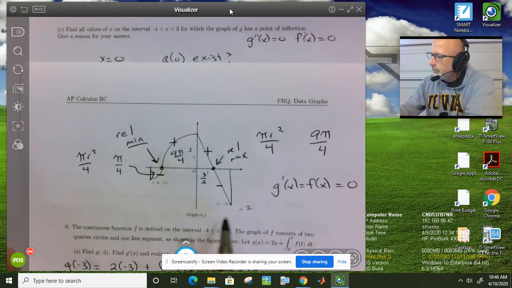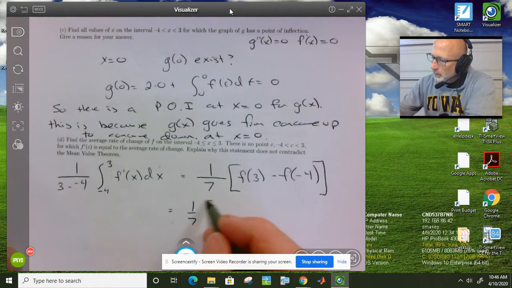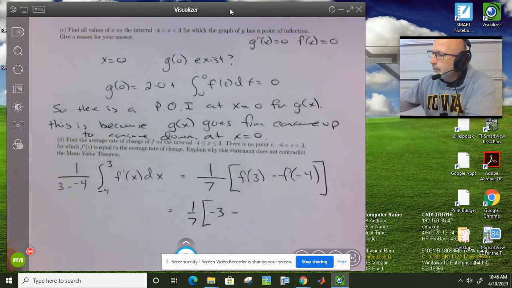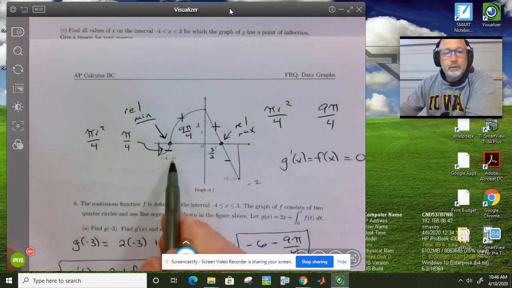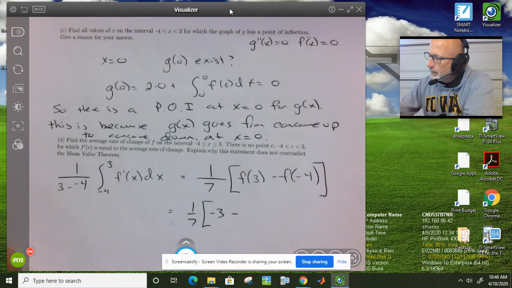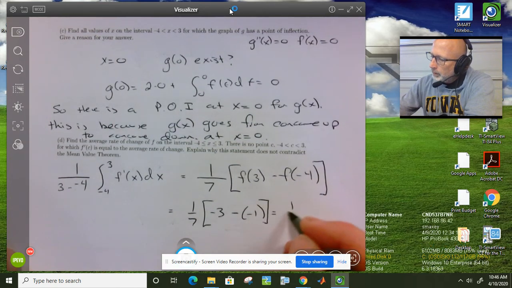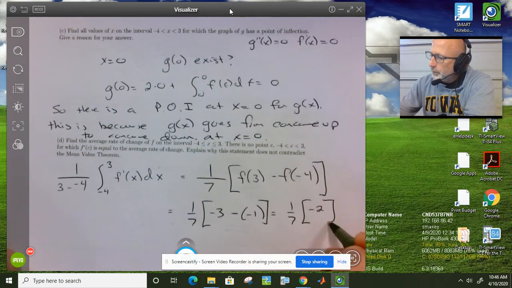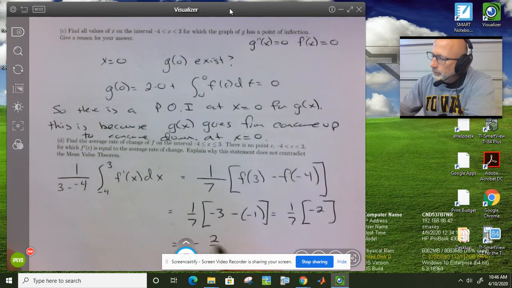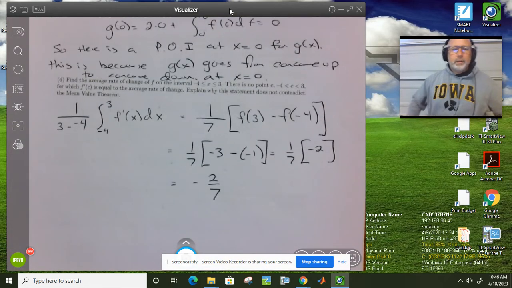F of 3, we figured out was -3. Minus f of -4. So let's go back to -4. f of -4 is -1. So minus a -1. So this is equal to 1/7 times -3 plus 1, which is -2. So this is equal to -2/7. Okay, so that is the average rate of change on that interval.